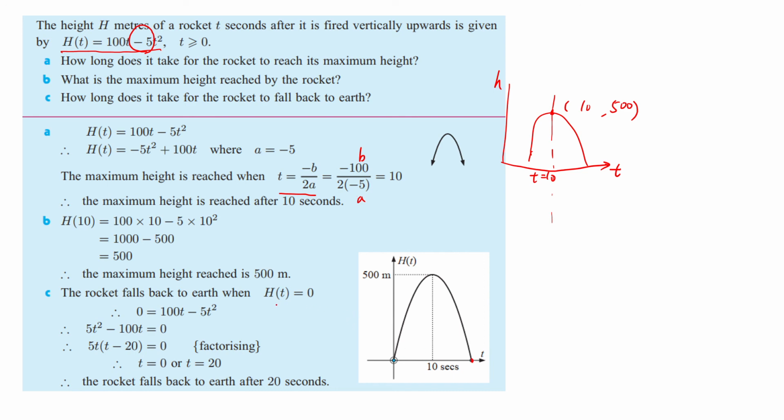Reaching the ground means the height equals 0. So we can put 0 into the h value and solve. We find t equal to 0 or 20. So 0 is the initial point and t equal to 20 is the end point. So the rocket is back on Earth at 20 seconds.